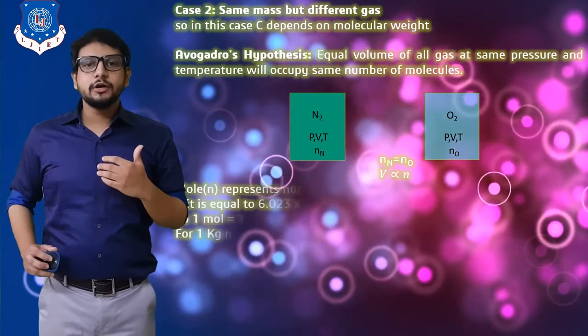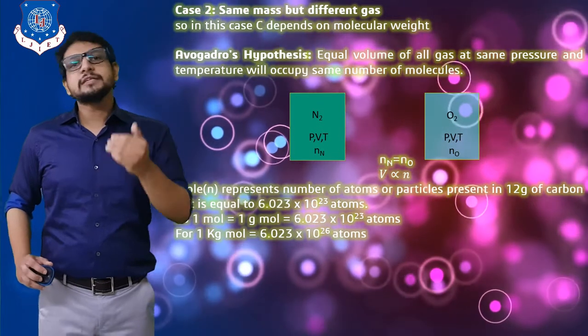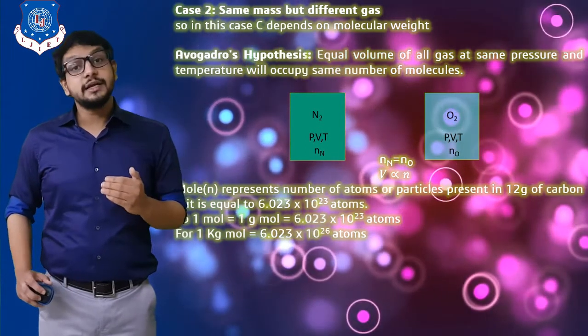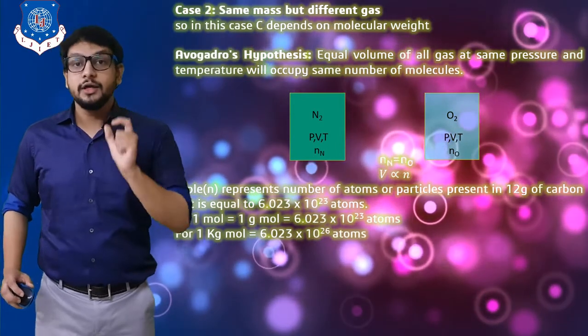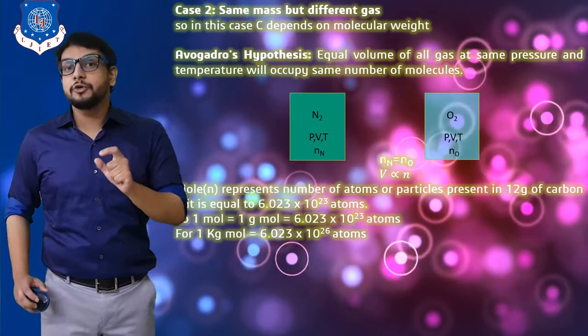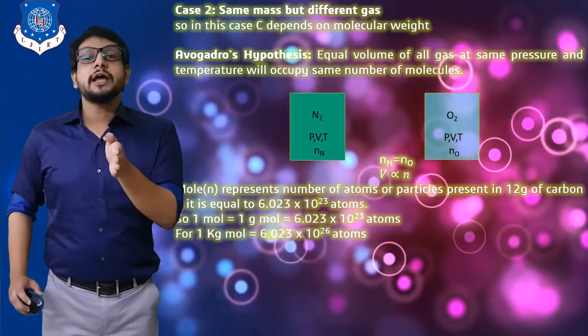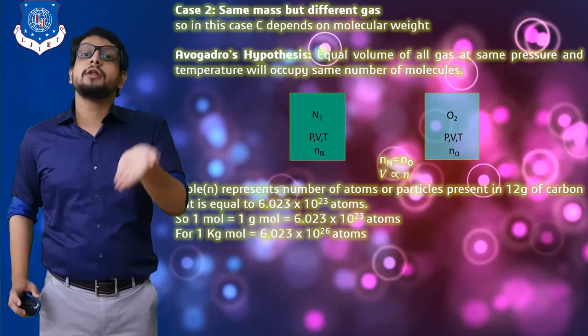So let's see what a mole represents. A mole, denoted by small m, represents the number of atoms or particles present in 12 gram of carbon. Remember, 12 gram of carbon. It has been found by Avogadro that it is equal to 6.023 into 10 raised to 23 atoms or particles, which is equal to 1 mole.